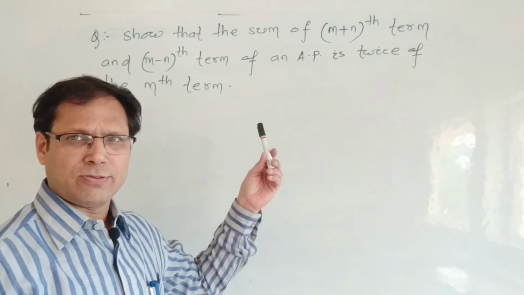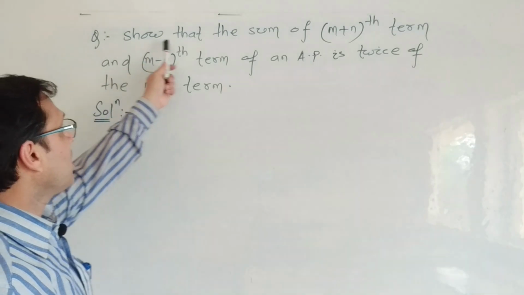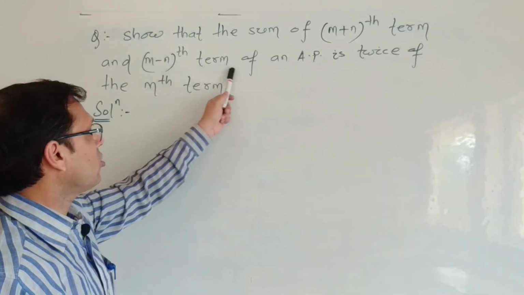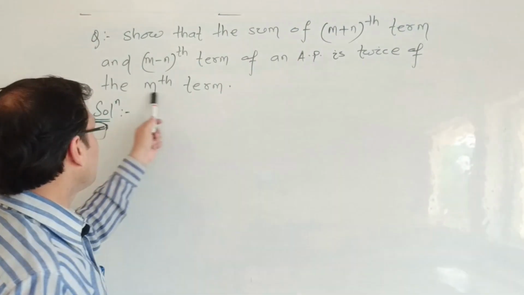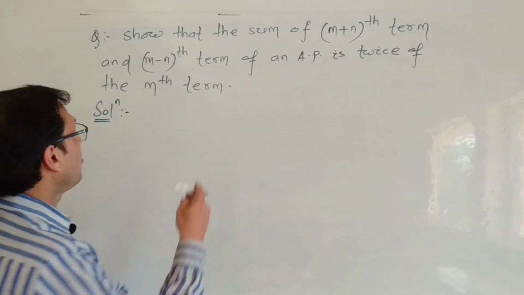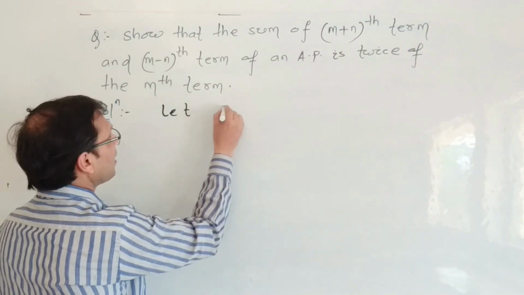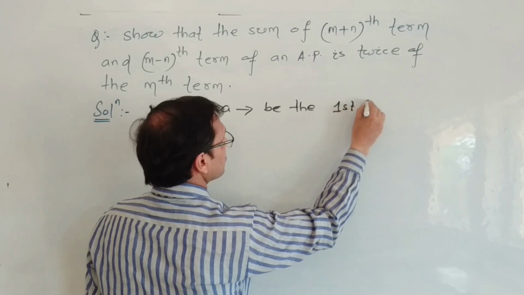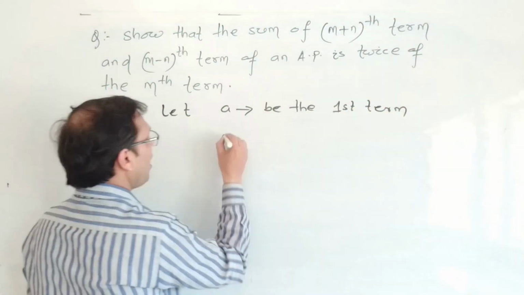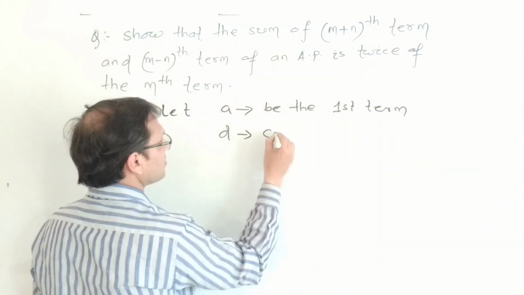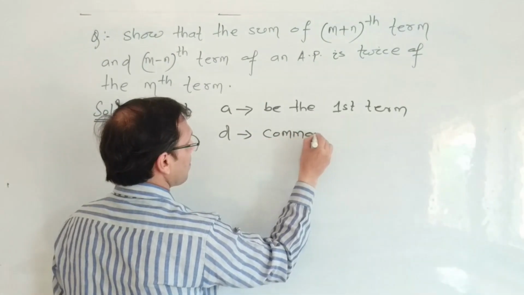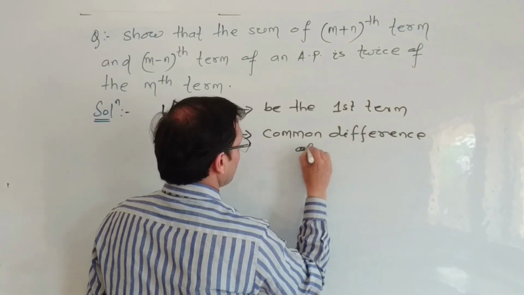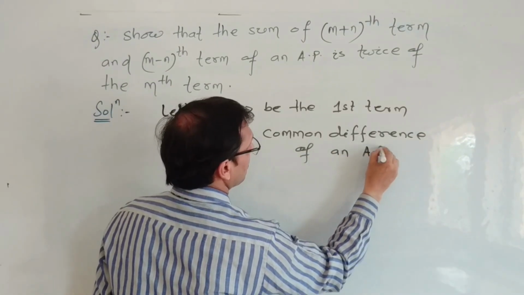Now we'll go to the next question: prove that the sum of the m plus nth term and the m minus nth term of an AP is twice the mth term. Now let A be the first term of the AP and D be the common difference of the AP.